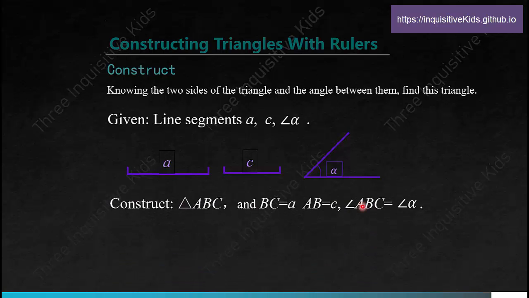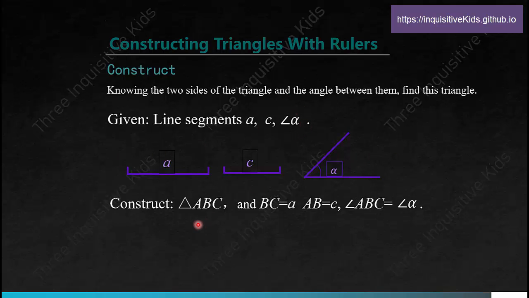Construct triangle ABC, where BC is equal to A, AB is equal to C, and angle ABC is equal to angle alpha. So I've given you line segments A and C and angle alpha to make one triangle.